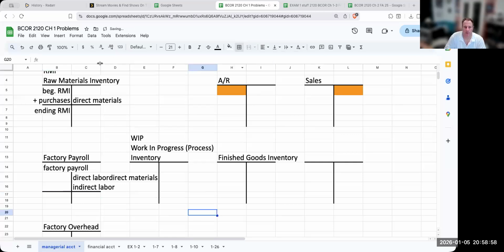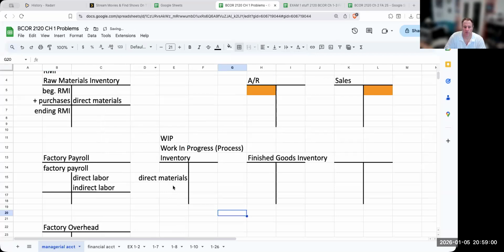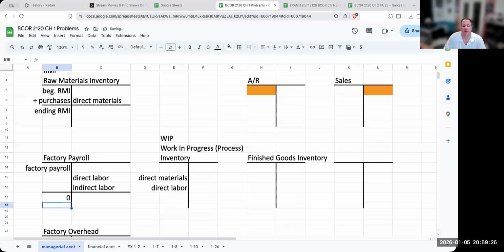The direct labor is going to go directly into our work in process inventory. The most important thing, remember, is that raw materials inventory has physical substance, so we will have an ending balance. For factory payroll, we're going to have a zero balance, right? We have to make sure that this account is zeroed out.